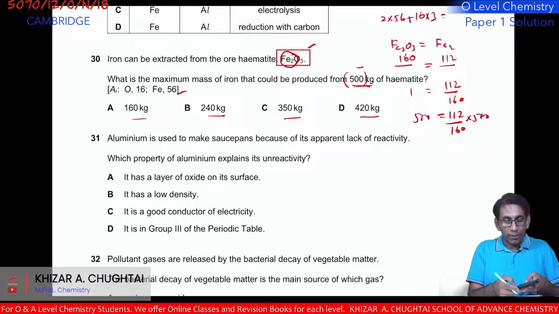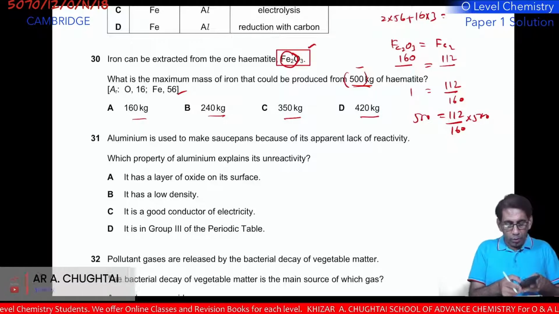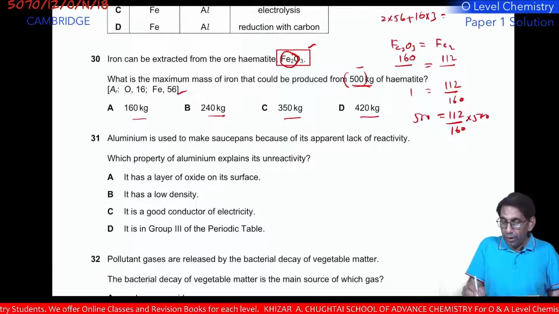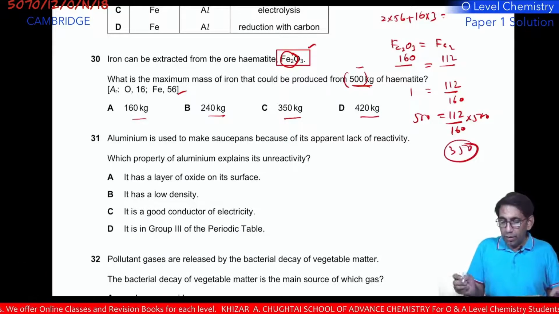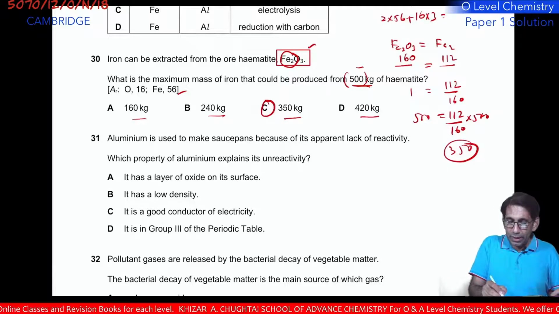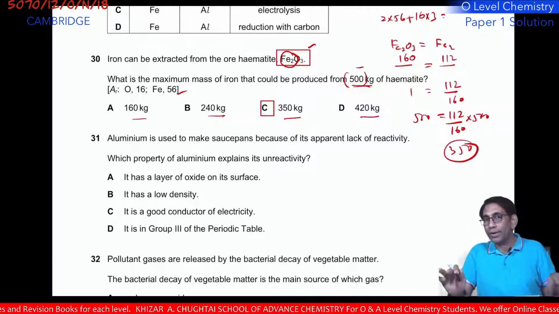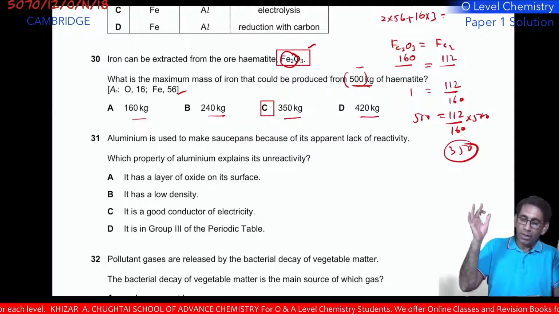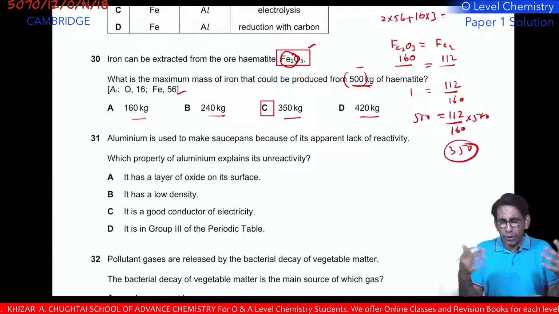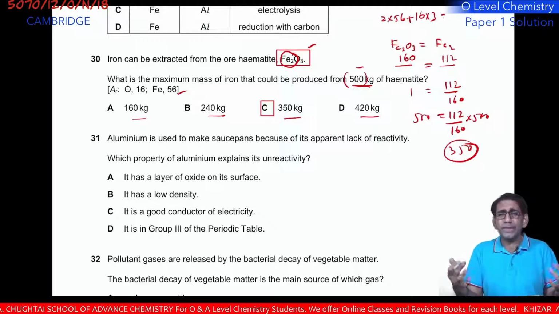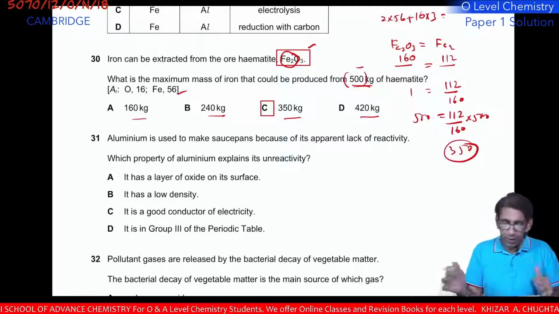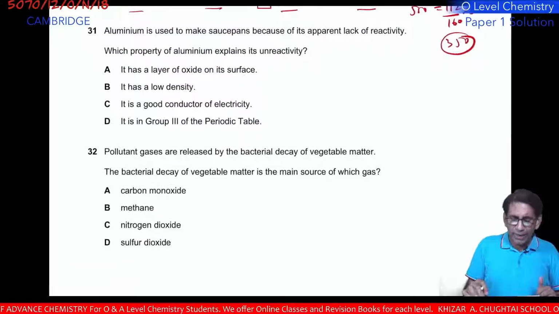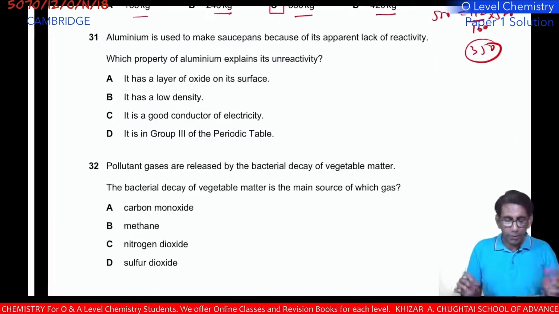Multiply by 500 and divide by 160: 350. And C is the correct option. There is no need to convert grams into kilograms or kilograms into grams. You just take the option. There is no need to show your working. So C is the correct option, and that is the shortcut.